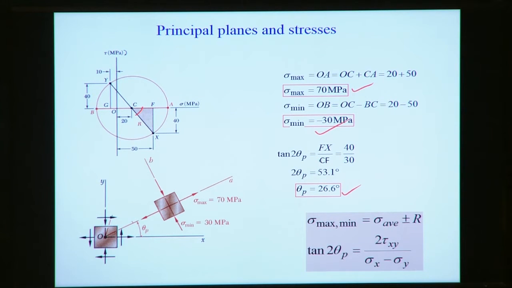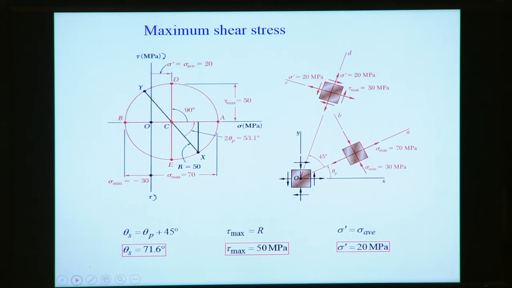So now the principal stress is at angle theta p, and here we see the maximum and minimum, because the minimum stress is compressive and the maximum stress is tensile. This is the representation, and it exists over the angle theta p, which is 26.6 degrees here. But the maximum shear stress we can calculate in this way.